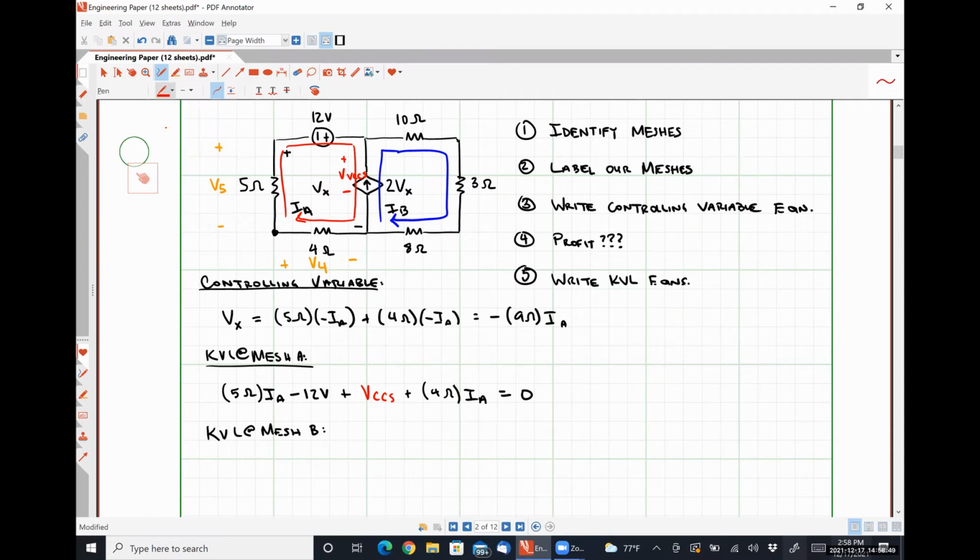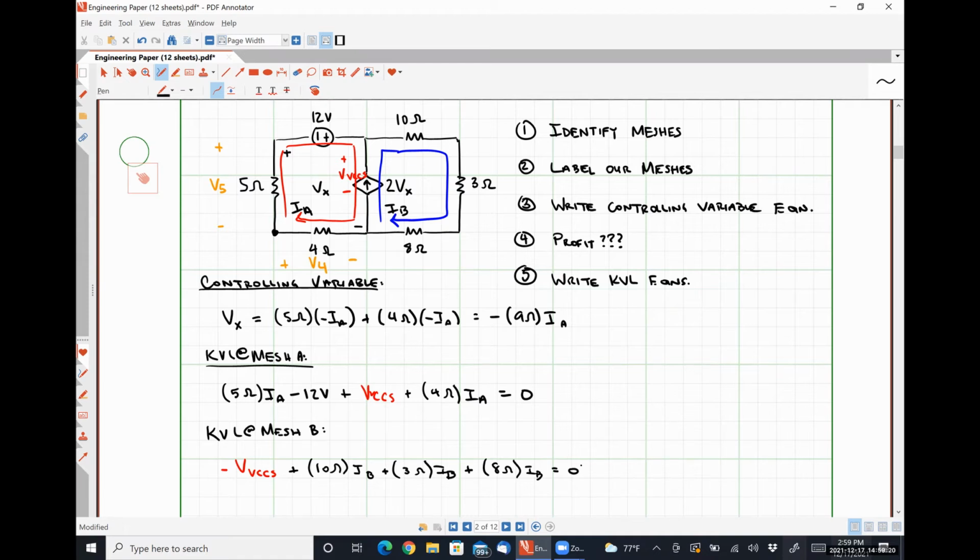So we're just going to have negative voltage controlled current source, and then we would have plus 10 ohms IB plus 3 ohms times IB plus 8 ohms times IB is equal to 0.